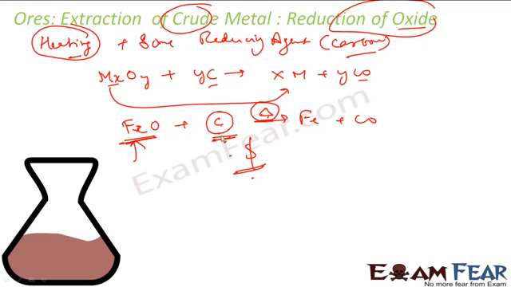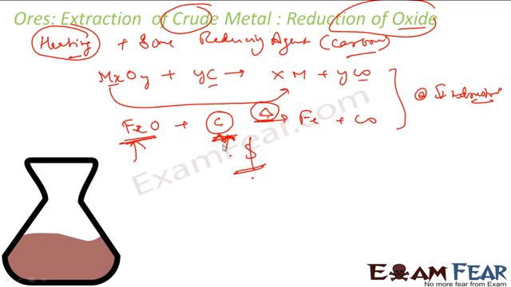Correct? See, there can be a scenario where if you use a particular reducing agent, you don't even need a high temperature. But actually what matters is the cost of that reducing agent. Is it available cheaply? Because it's all at industrial scale. Right? You want to minimize the cost. The cost is a critical factor here.